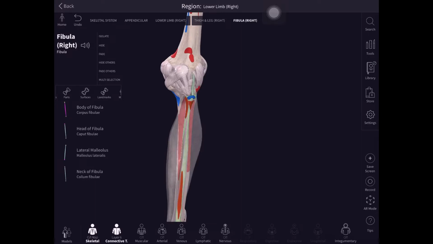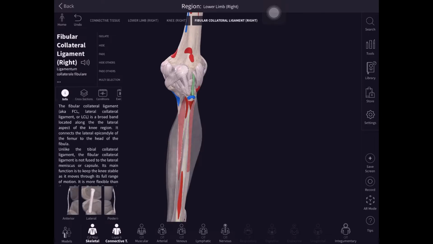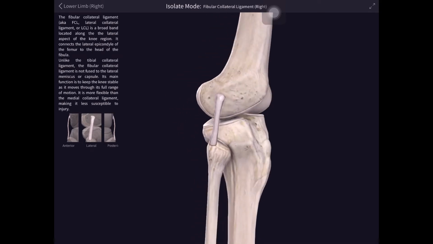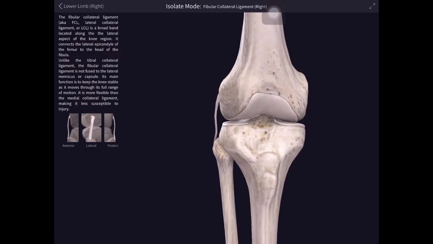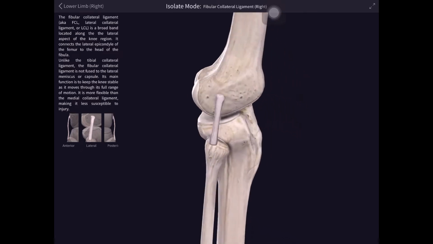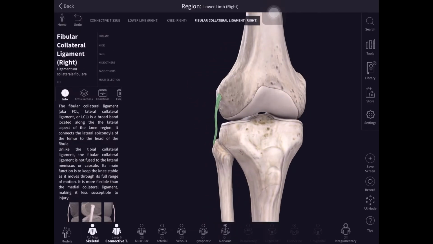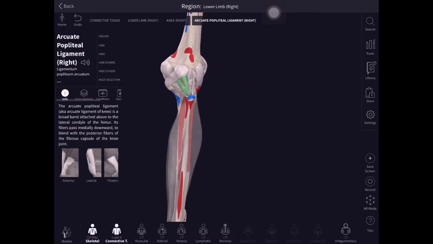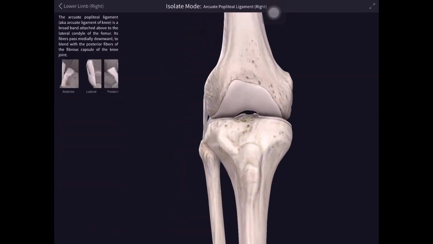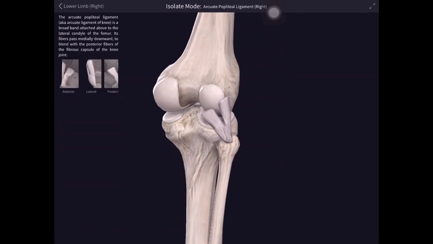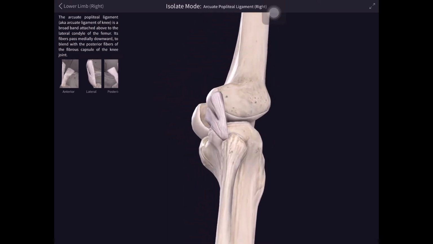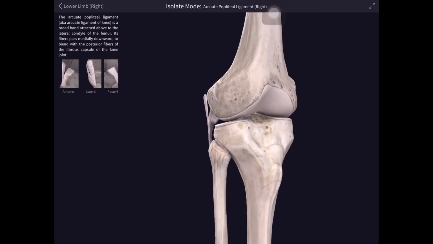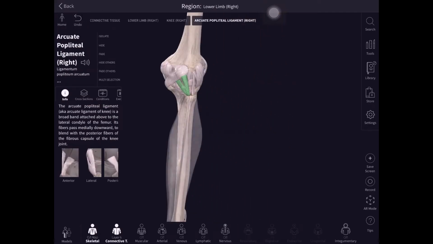The small one which I am holding is your fibular collateral ligament. If you isolate it, you can make out it is attaching from the styloid process to the lateral epicondyle, also called the lateral collateral ligament of the knee or fibular collateral ligament. Next ligament we have is the V-shaped ligament that you are seeing. This one is the arcuate popliteal ligament, which is again attached to our fibula. So this is the second one. These are the two ligaments attached to the styloid process.